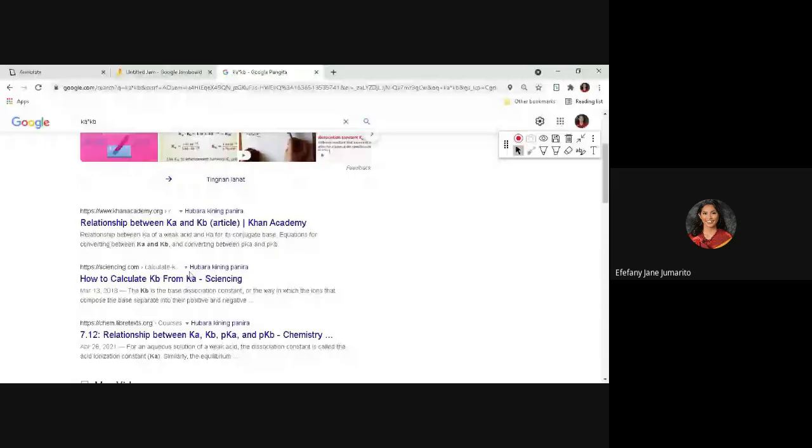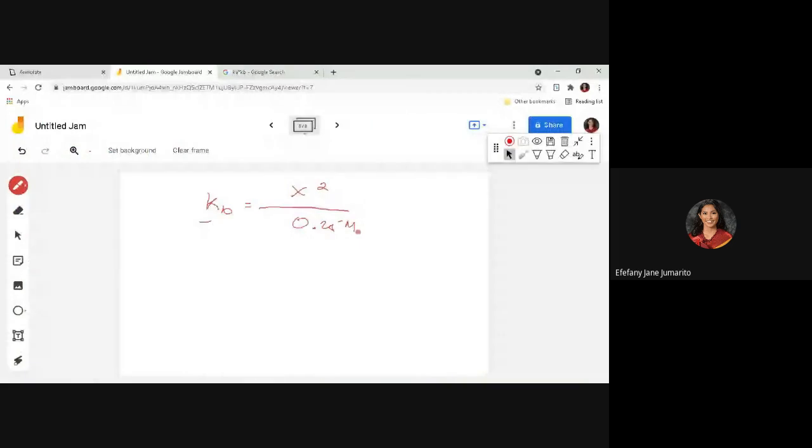Is there a formula that relates Ka and Kb? Yes, ma'am, Ka times Kb is equal to Kw. So we can use that one.